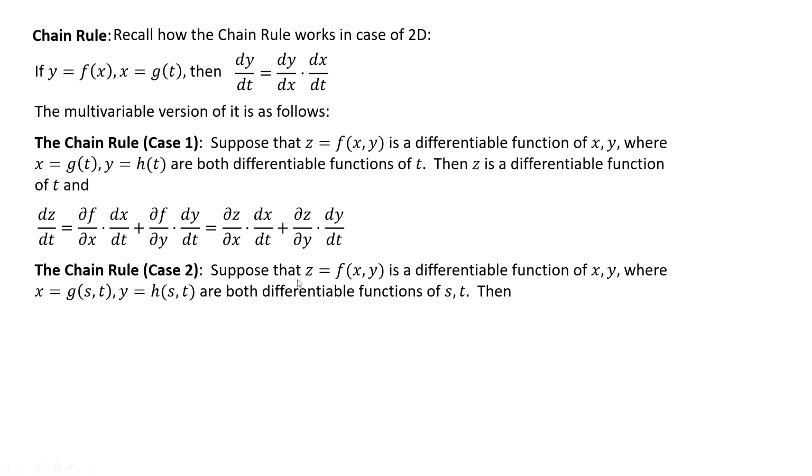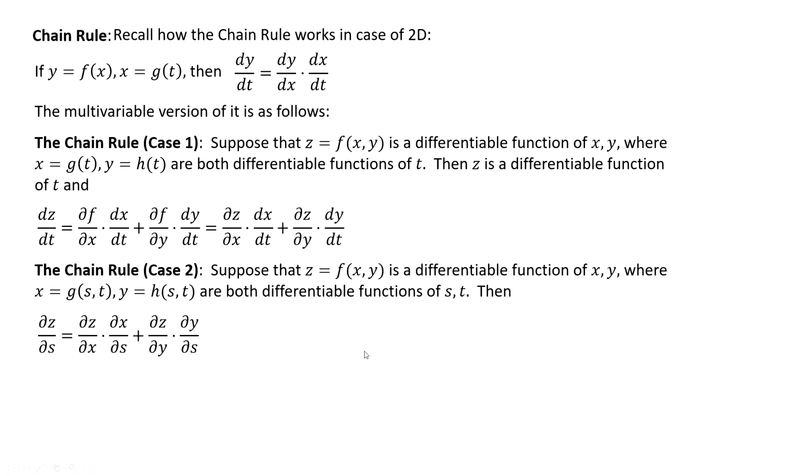And since z is a function of two variables s and t, it is imperative that we say partial z with respect to s. Similarly, partial z with respect to t. So those are the things that we are interested in case 2 when it comes to chain rule.